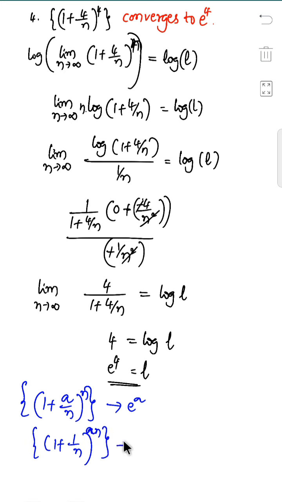This sequence converges to e to the power of a. Using this general term, when there is a in the numerator within, then that converges to e to the power of a. If there is a with the multiplication of the n, this also converges to e to the power of a.